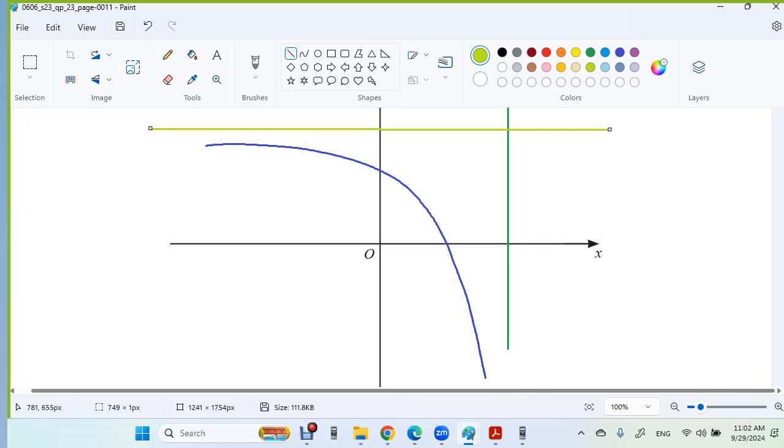Okay, this one we go down here, then it will become something like this one go down here, and then the h inverse will be something like this.